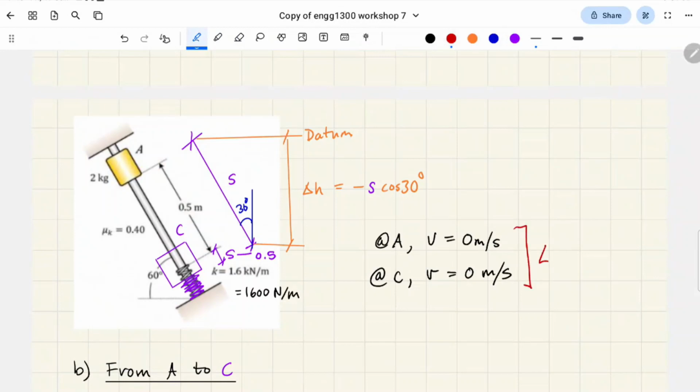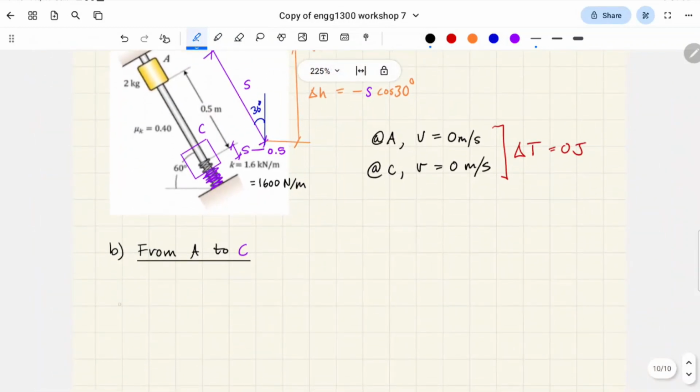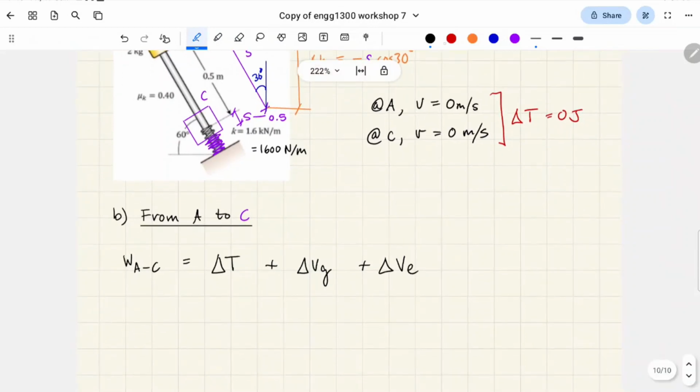And so our change in kinetic energy will just be 0 joules, the kinetic portion of that equation. So we'll see that in action here, going from A to C. That bit will be 0 pretty much.